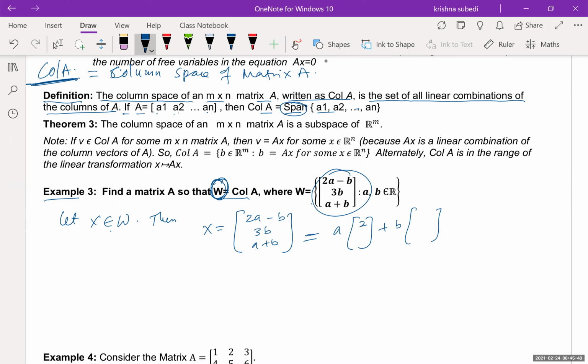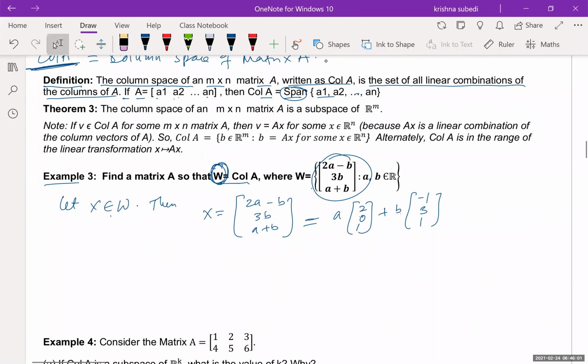So I can write this as a times (2, 0, 1), and if I take b there, I'm going to get b times (-1, 3, 1). So W is the space created, or generated, by these two vectors. What are those two vectors? (2, 0, 1) and (-1, 3, 1).